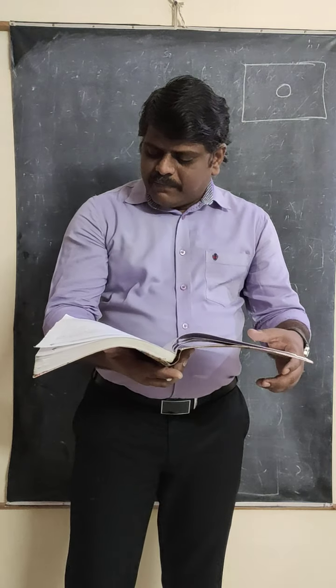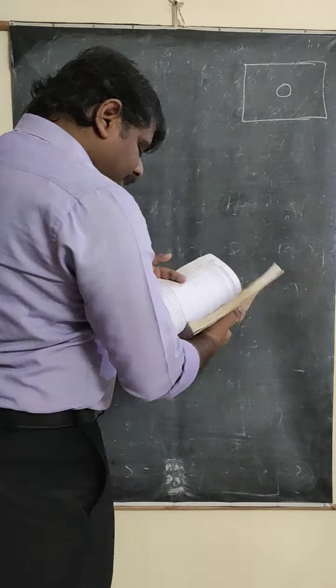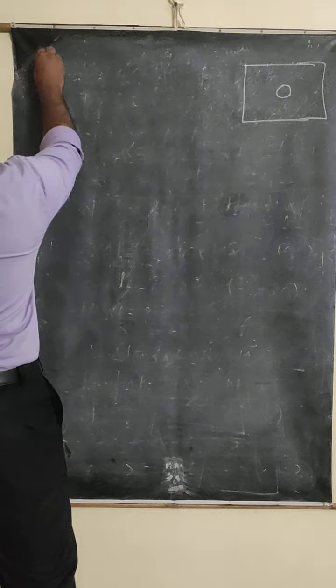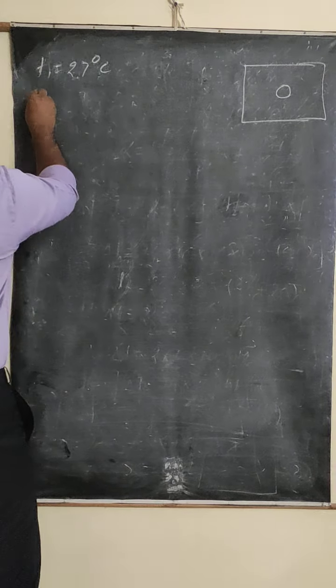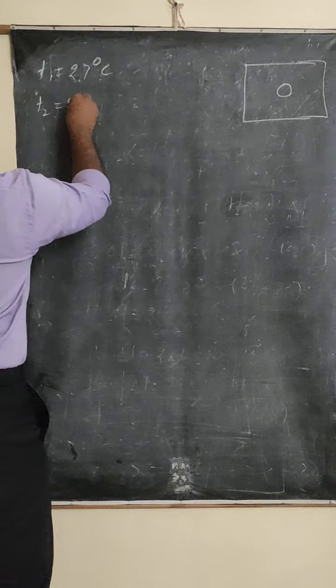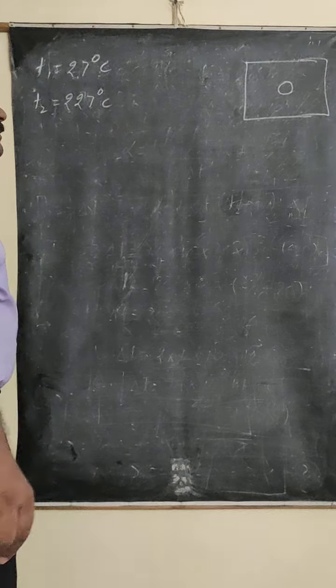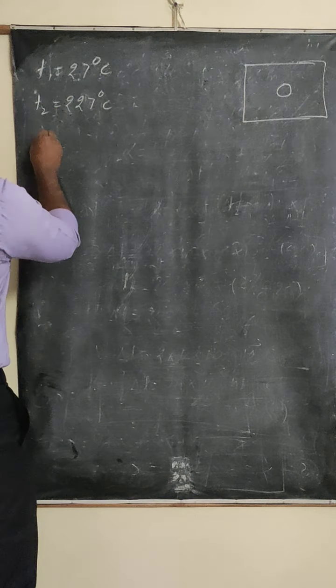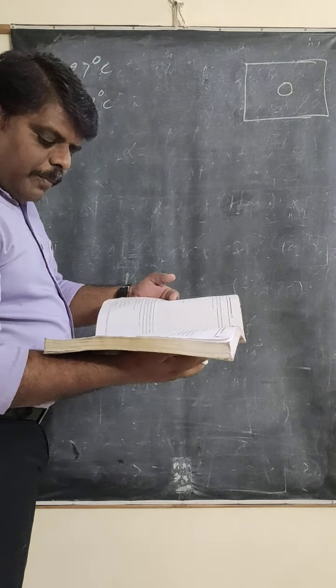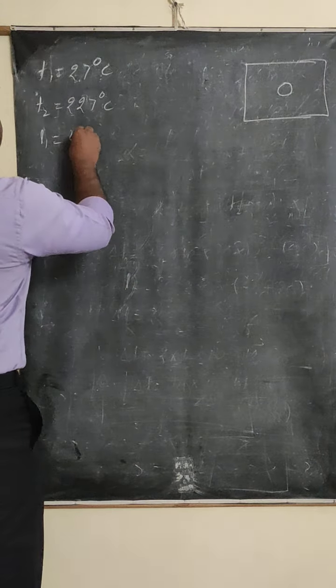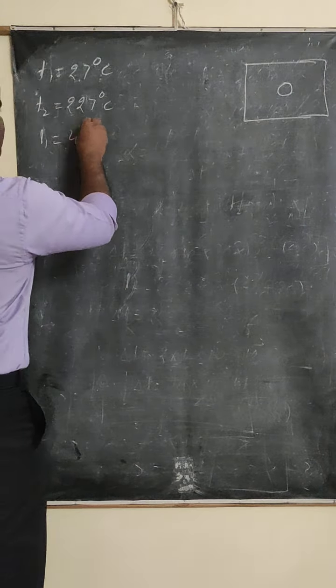Let us write down the given values first. T1 is equal to 27 degrees Celsius and T2 is equal to 227 degrees Celsius. L1 is the initial diameter, 4.24 centimeters.